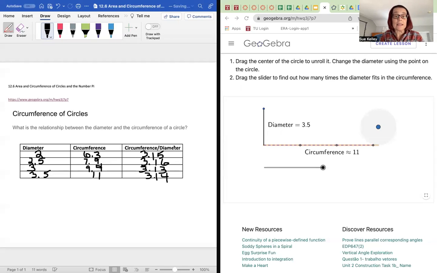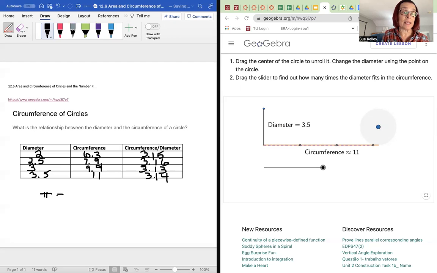So we're getting some numbers over here in our relationship between circumference and diameter that are 3 and a little bit more, 3 and a little bit more, 3 and a little bit more every time. I don't know if you remember this number from other geometry or other math classes, but you might remember a number that kind of looks like a symbol, but it's actually a number, and it's the number pi.